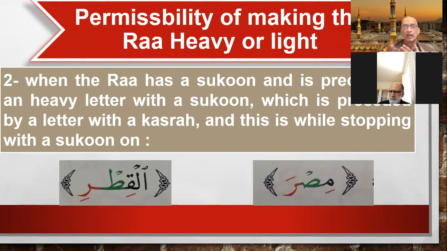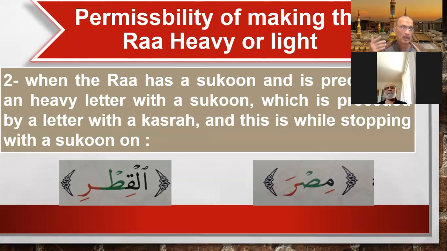Misr, two ways when stopping. مصر heavy, مصر light, القطر heavy, القطر light. Okay, when stopping. مصر when continuing, only heavy. Why? The Ra has a fatha.